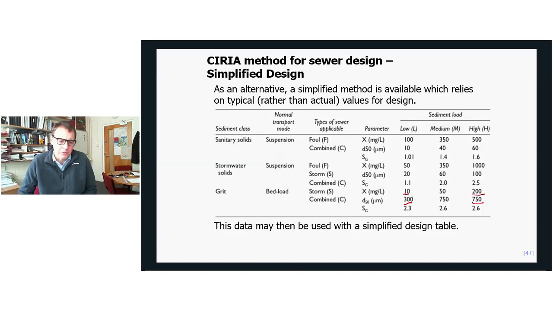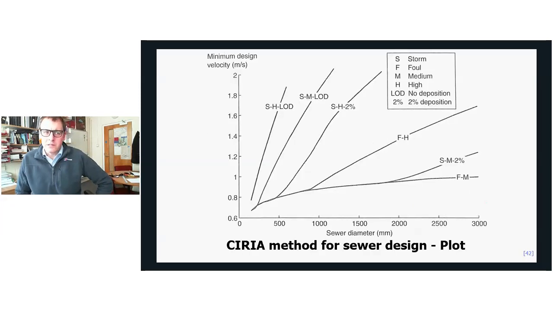D50 is the median particle size, and there is a range of specific gravity as well. Using this data generates this, and this is where we started. So this is a kind of default chart.